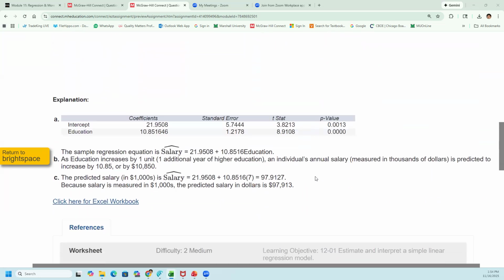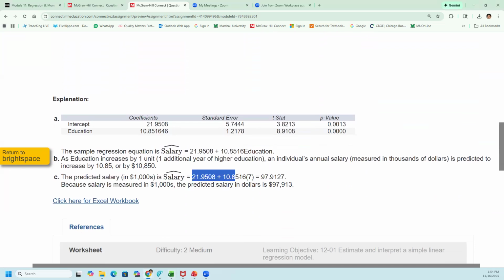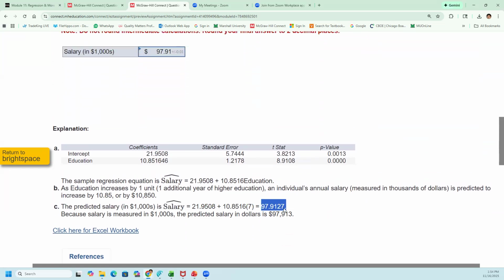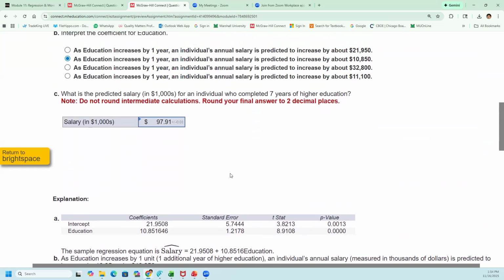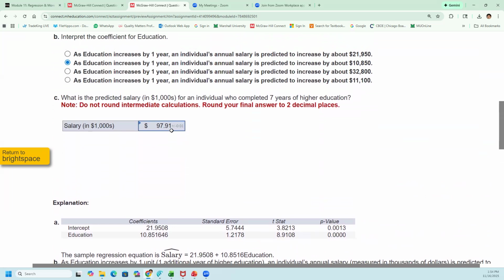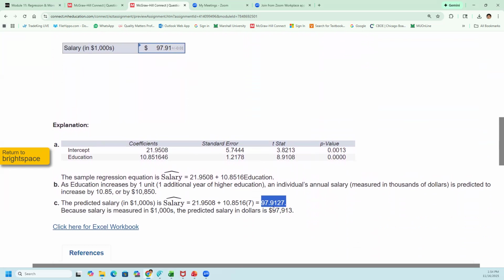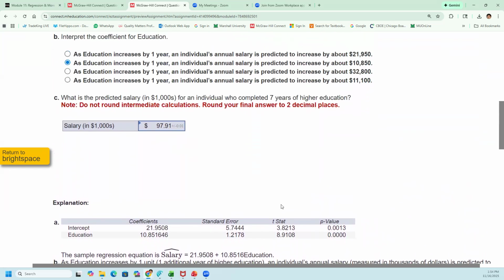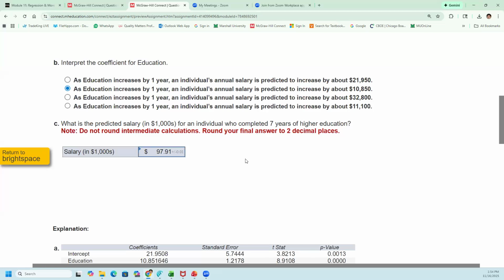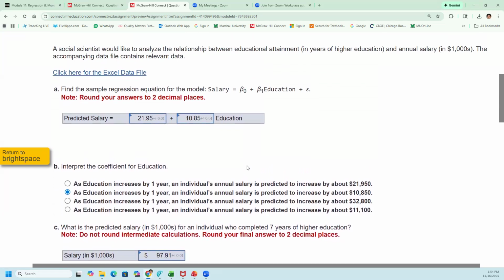So when you compute that, 21.95 plus the coefficient times 7, it'll give you 97.91 or 912, so $97,912 is what is predicted as the salary for the individual who has 7 years of education.